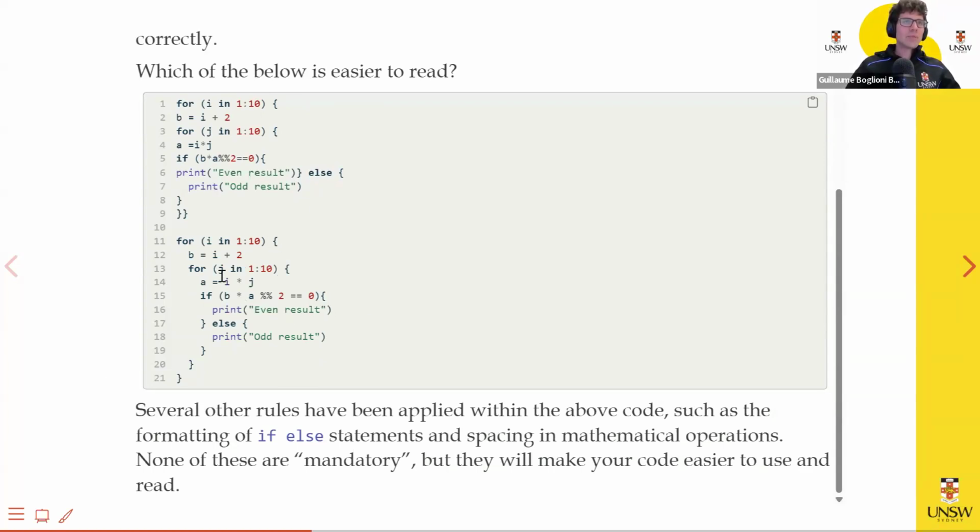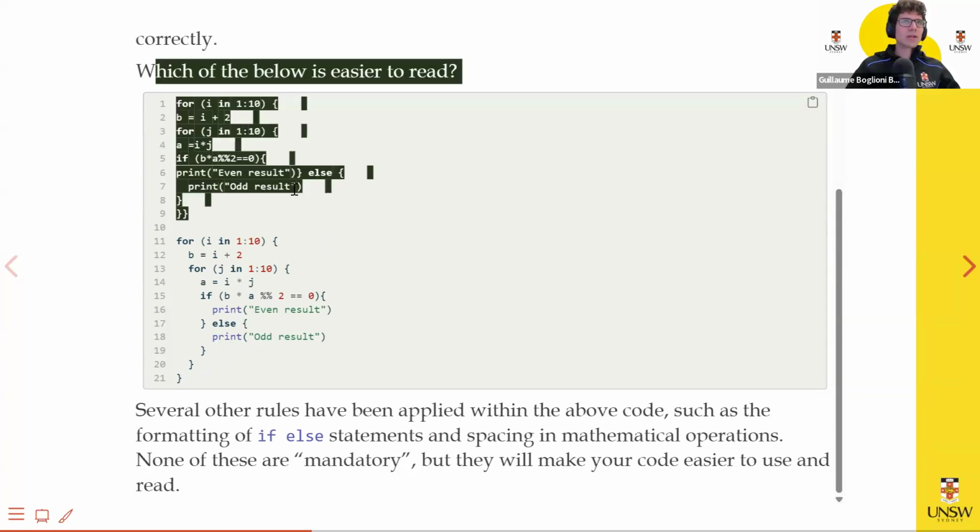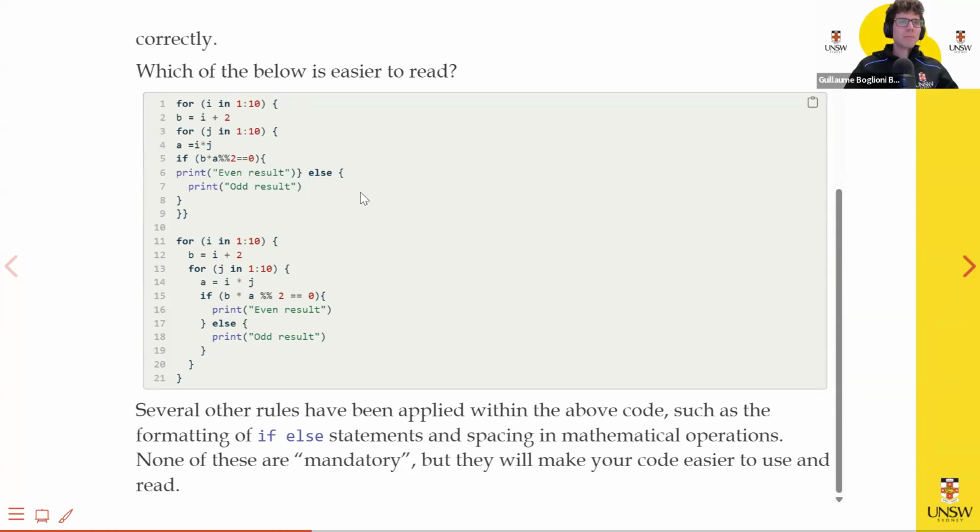It makes the code more readable, and it's easier to keep track of which branch is open and which branch is not open, right? This one is the first to open, it's going to be the last to close, and then this one is the second to open, it's going to close here, and so on. This one opens here, it closes here, this one opens here, it closes here. Here, it's kind of tougher to see what's going on.